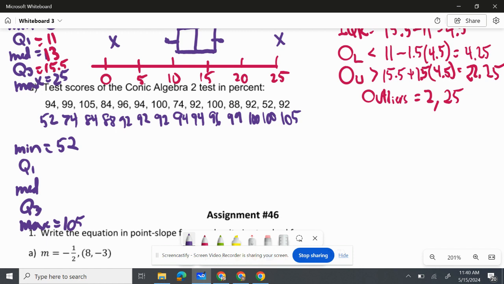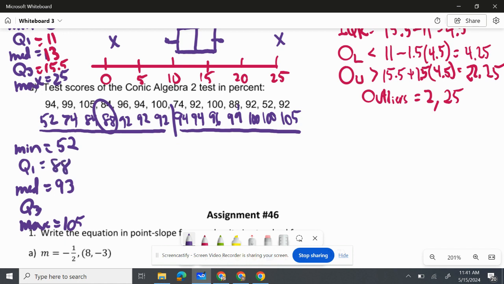So that means that there is no middle. There's 7 on one side and 7 on the other. So in between 92 and 94 is 93. Then we do have an odd number, so that would be 88. And we have 99.